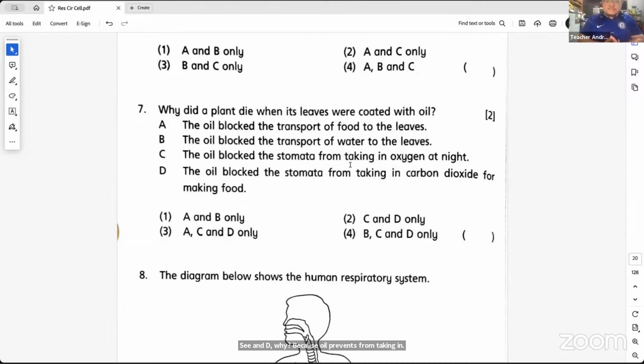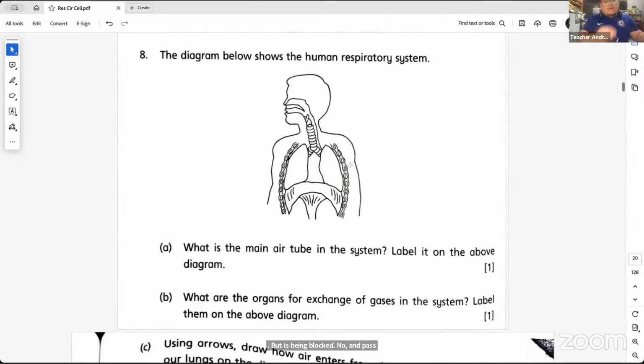In fact, no air can pass in or out when it is coated with oil. Therefore, the answer is number 2, C and D, because the oil blocks the openings, and when they are blocked, no air can pass through, no water vapor can pass through. All right. Next up.